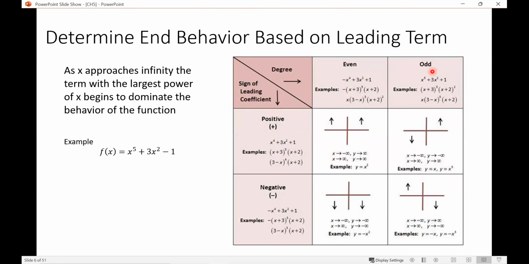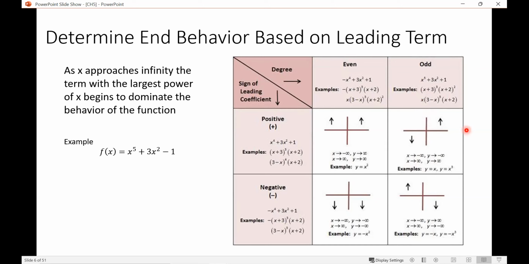Okay. Now, if you have an odd degree, you're going to go in opposite directions. If you have an odd degree polynomial and its leading term has a positive coefficient, then as you go to negative infinity in x, you will go to negative infinity in y.